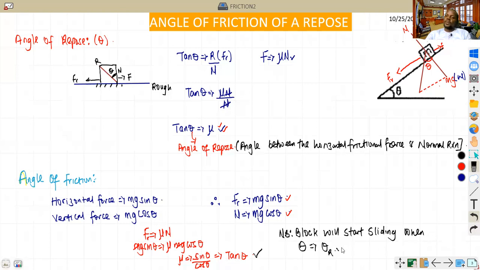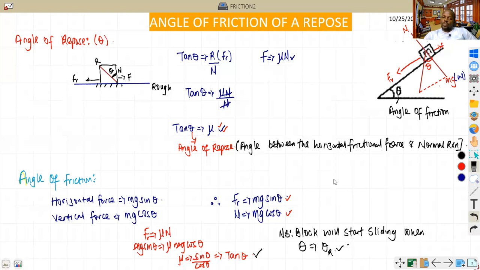So please keep that in mind. And what do I mean by that? This angle here is called the angle of friction. That is, when the body is on the verge of sliding, the angle as the body is about to slide is called the angle of friction. Now, the body will start sliding when the angle of friction is equal to what?